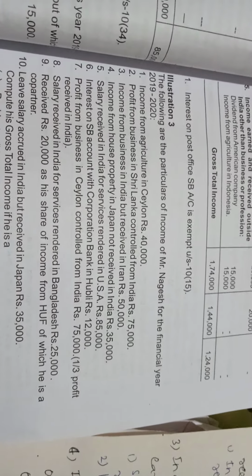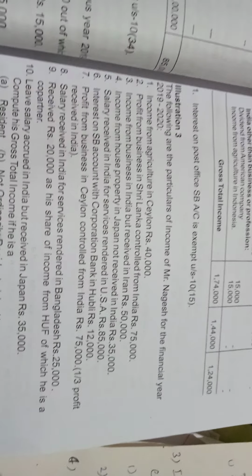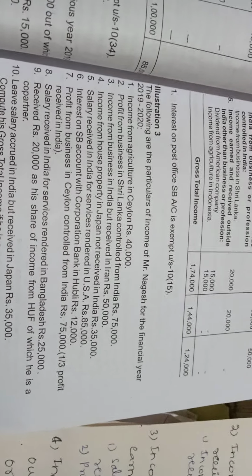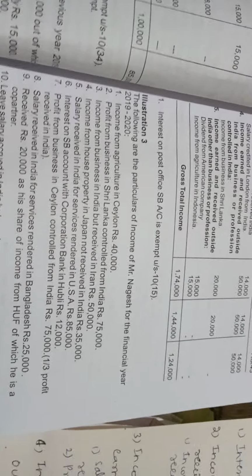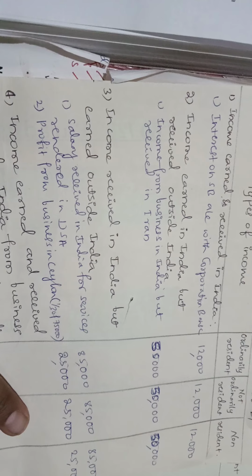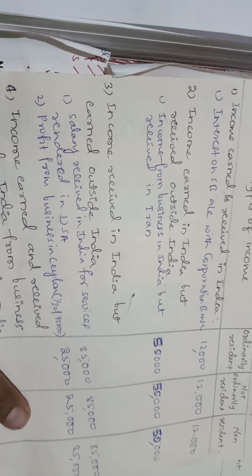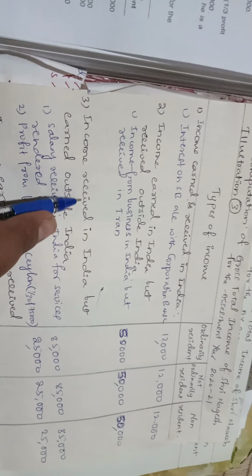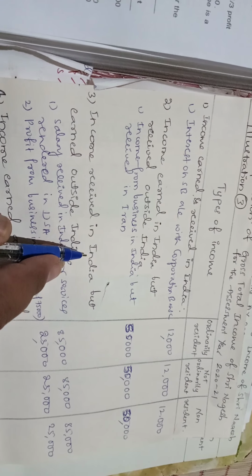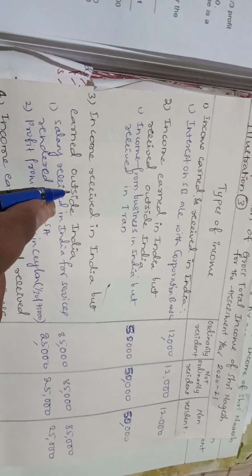Salary received in India for services rendered in Bangladesh. It means that accrual of income is Bangladesh. Income earned in Bangladesh but received in India. So here you need to go through that: income received in India that is earned outside India.